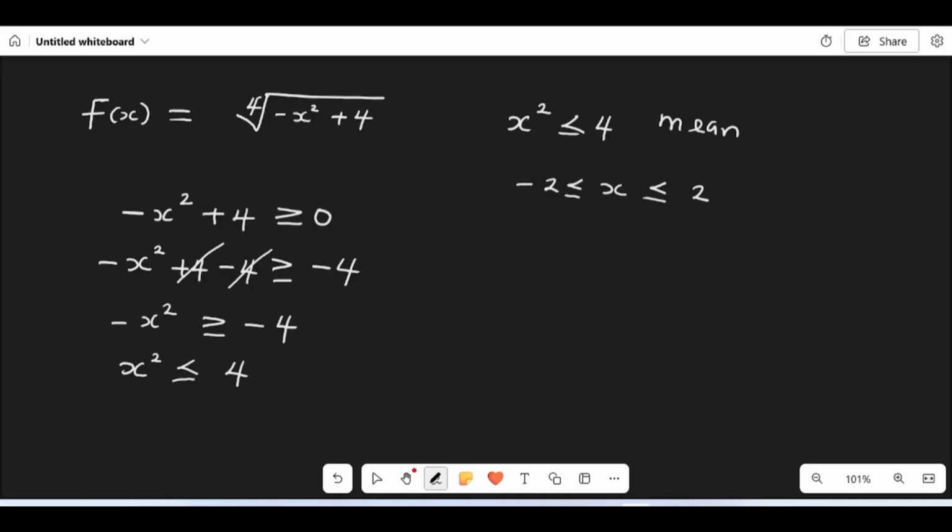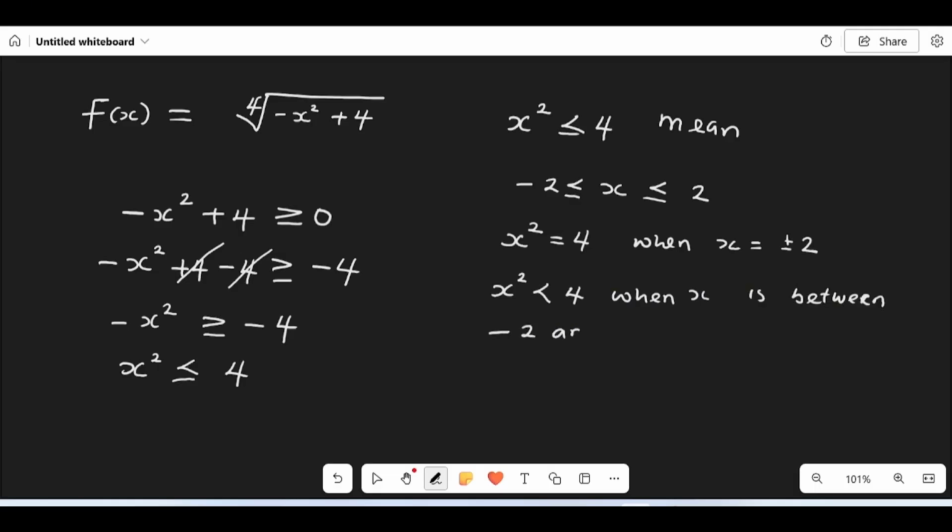Because x squared equals 4 when x equals plus or minus 2, and x squared is less than 4 when x is between minus 2 and 2.